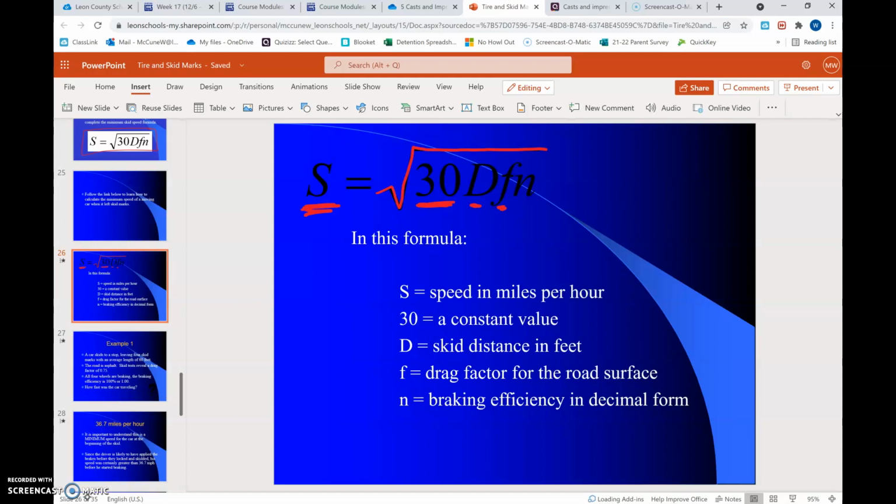F is your drag factor, or the road surface slickness, and then N is your braking efficiency. Braking efficiency, just a reminder, is how well the brakes are working. If the brakes are working perfectly, then you're going to have a braking efficiency of 100%, or in decimal form, that's going to be 1. If they're only working at 75% efficiency, then the braking efficiency would be 0.75.